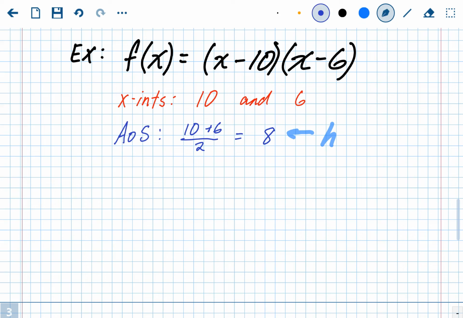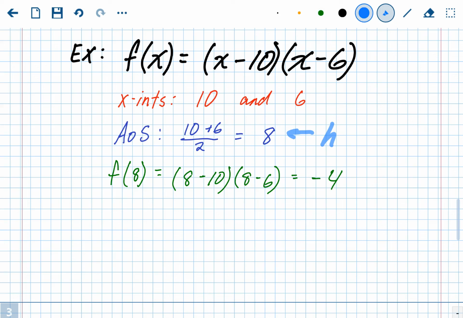All right, so now find your k value. To find the k value, we plug in the axis of symmetry. So we're going to find f of 8, which will be 8 minus 10 times 8 minus 6, which is negative 2 times positive 2, which is negative 4. That's your k value. All right, so what's the a value then? The a value is always the number in front.